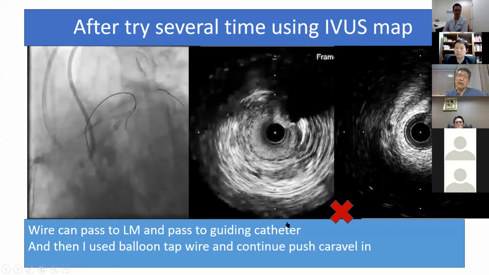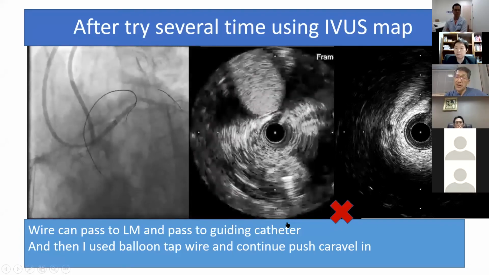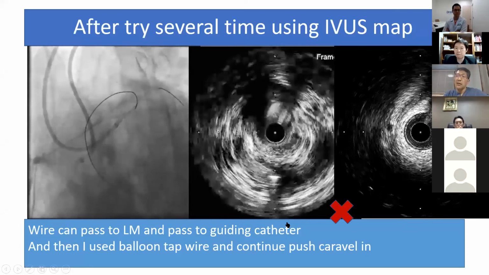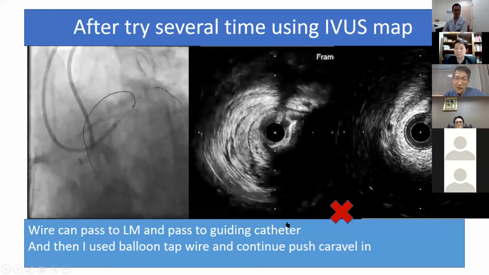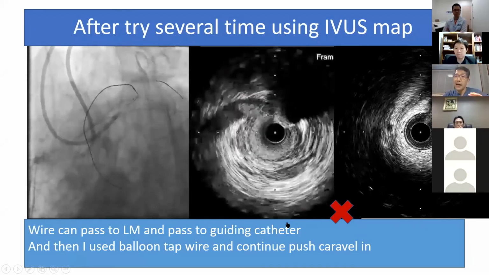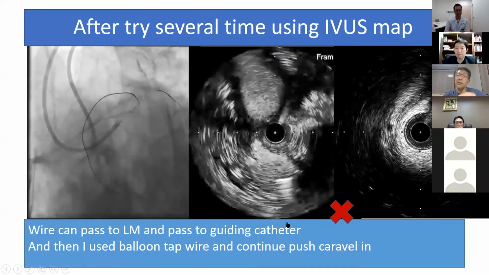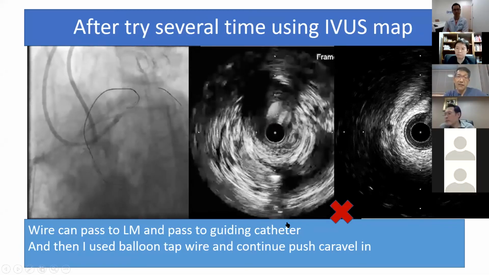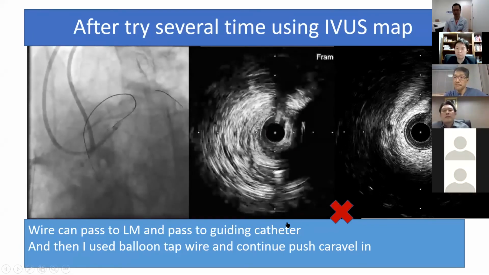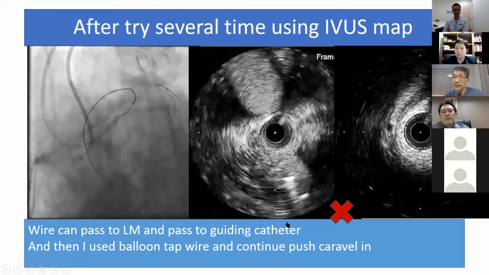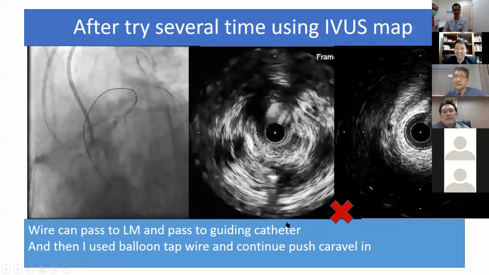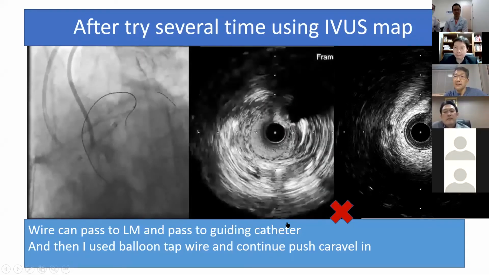So in such a case, like this case, please try antegrade wiring again and again and again, and make a connection in the CTO region, not left main. It's a very important thing.